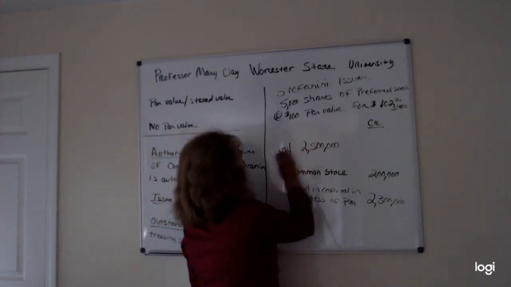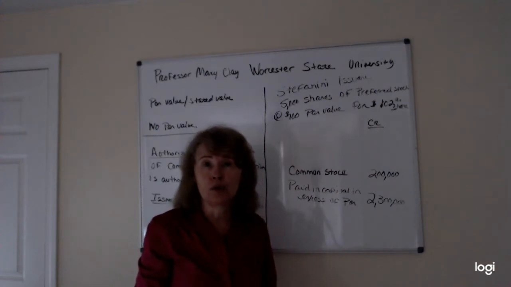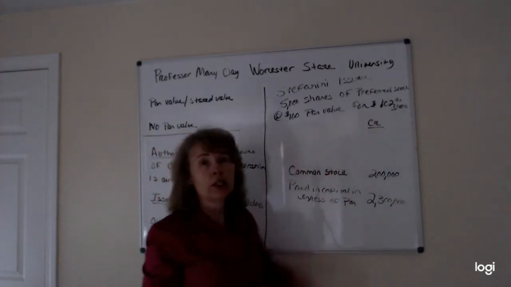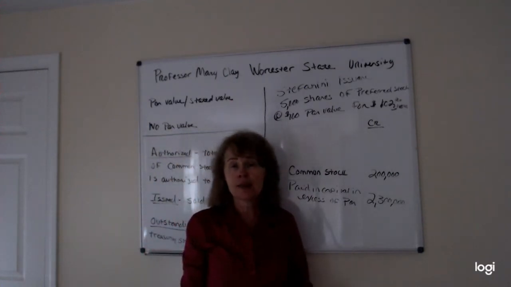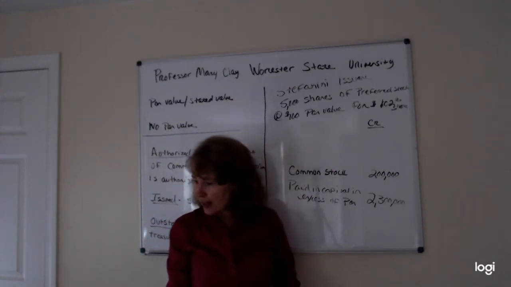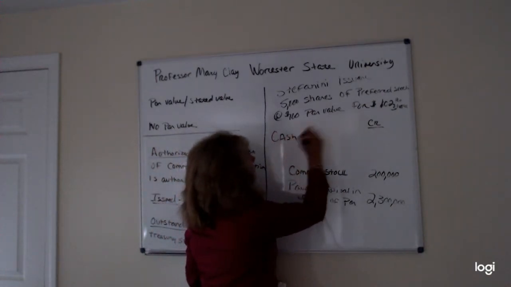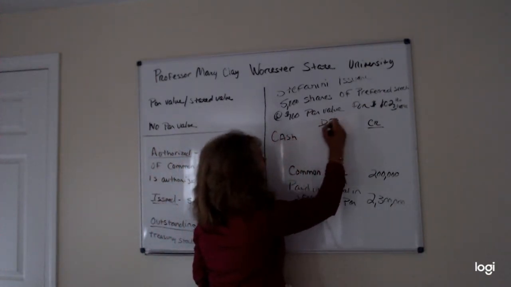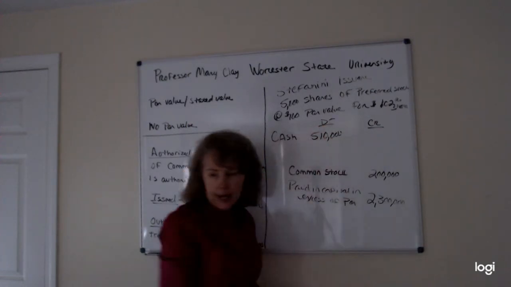All right, so you're going to erase this. Cash is whatever it's sold for. Well, it's sold for $102. So now I'm going to take 5,000 shares times 102, and that equals, here's my debit, $510,000. Okay?